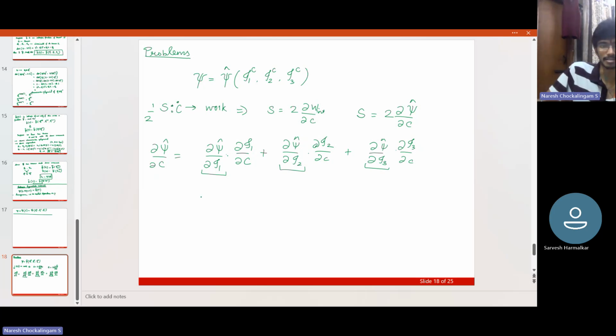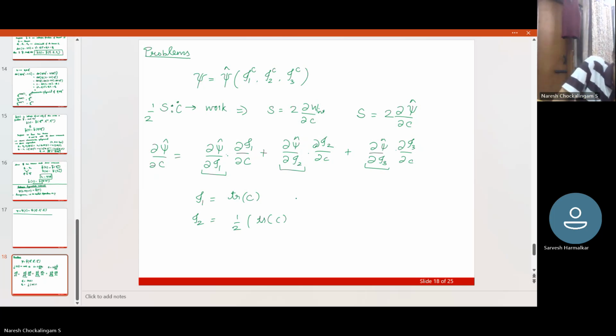So let us see what I1, I2, I3 are. I1 is the trace of C. I2 is half of trace of C the whole square minus trace of C square.